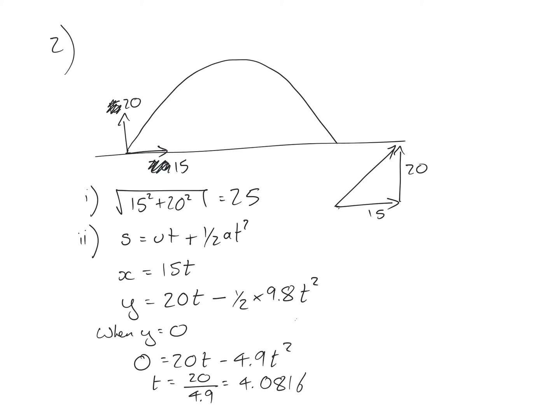And then the range, so my x at that t equals 15 times 4.0816, times 15, is 61.22 meters. 61.2 meters is probably right, as you can't really quote it more accurately than that.